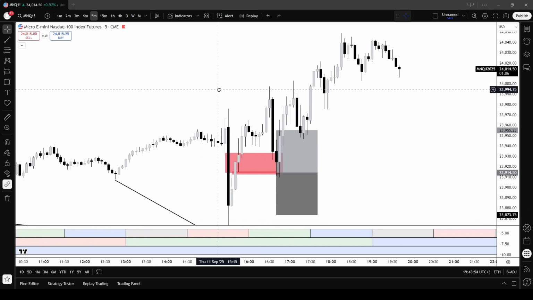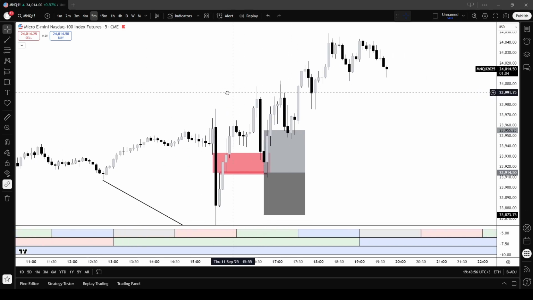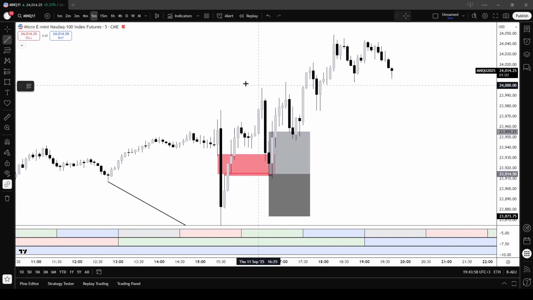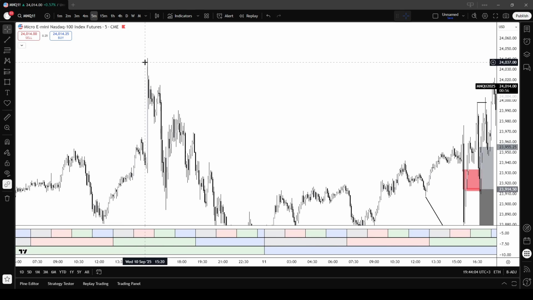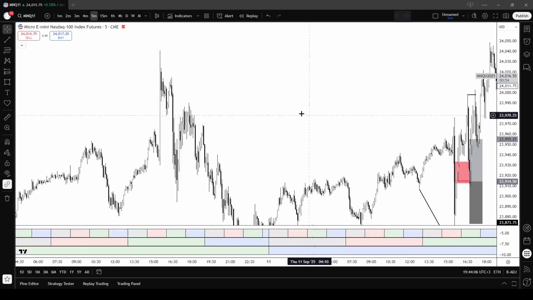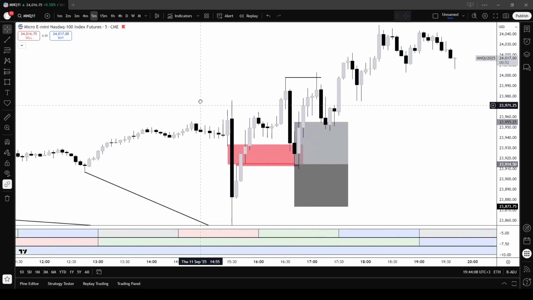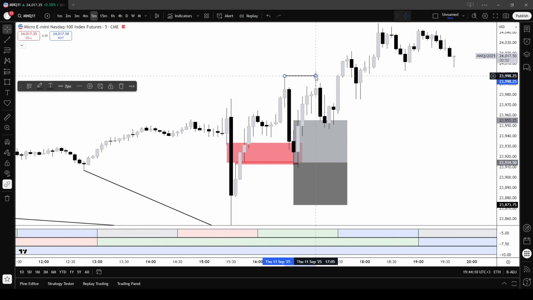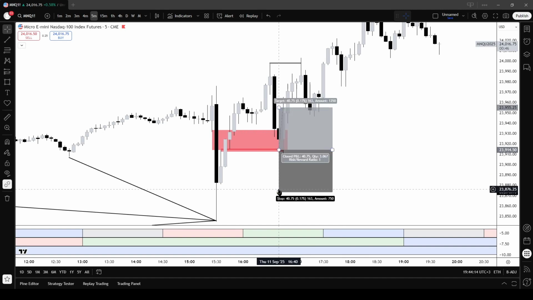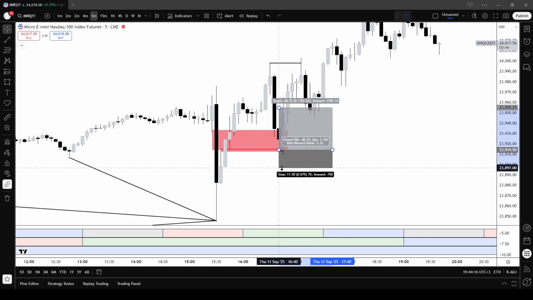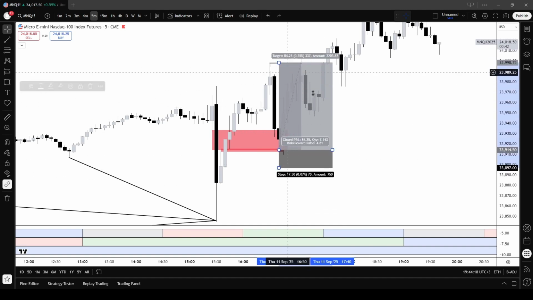My target was, let me see, I think I targeted this high because we have this one, but it's not really necessary to target it if we can target this high, which is way closer and more likely to be taken out. So what was my stop loss?